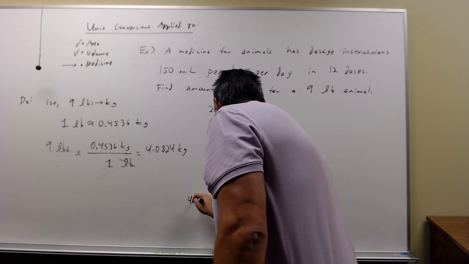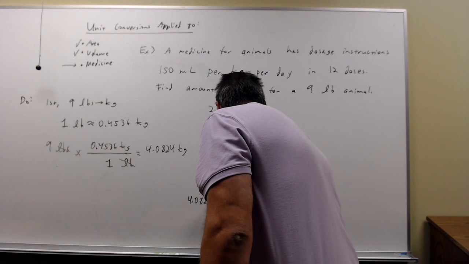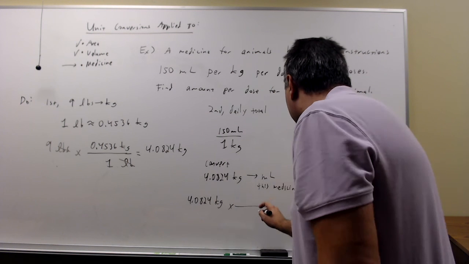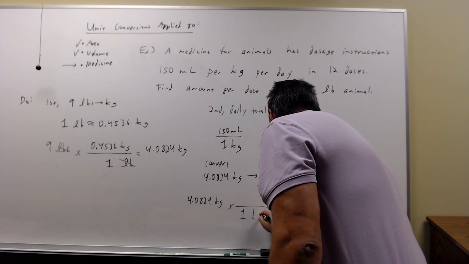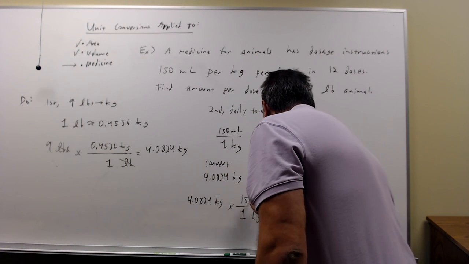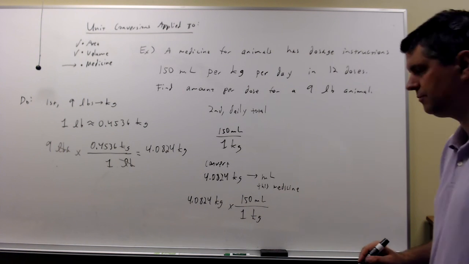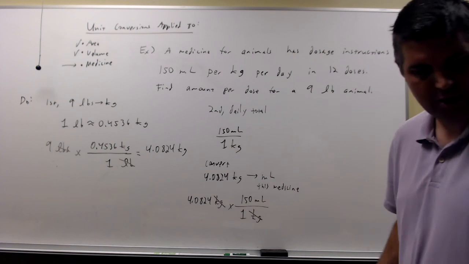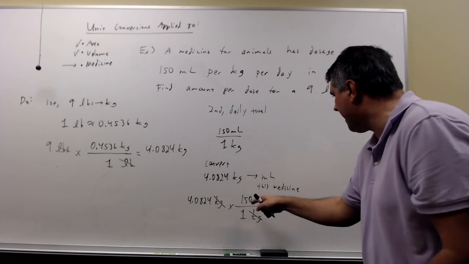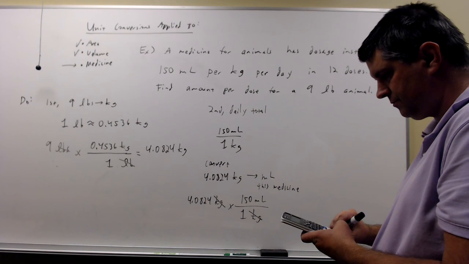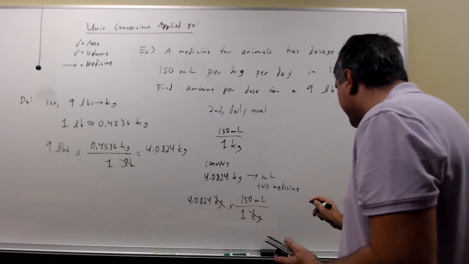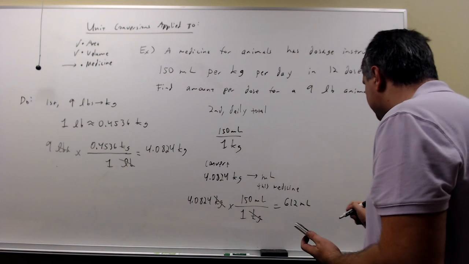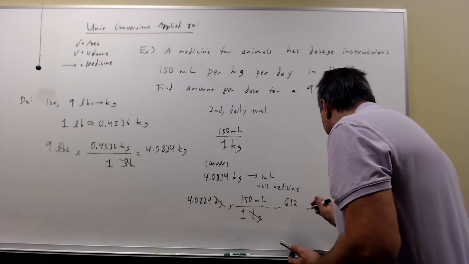So 4.0824 kilograms times 150 milliliters per 1 kilogram. Cancel, cancel. So I will take that times 150, and I get 612.36 milliliters.